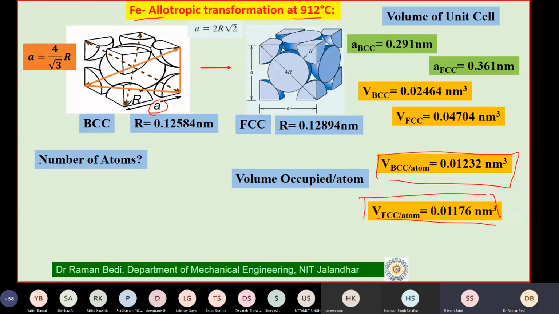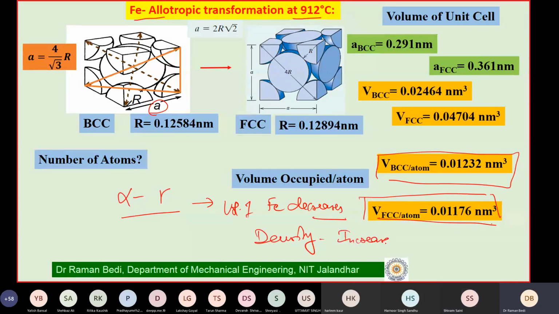The volume of iron when it is heated at 912 degrees centigrade, when this transformation from alpha to gamma iron is taking place, decreases. And what happens to the density then? So density will increase because of the inverse relationship.